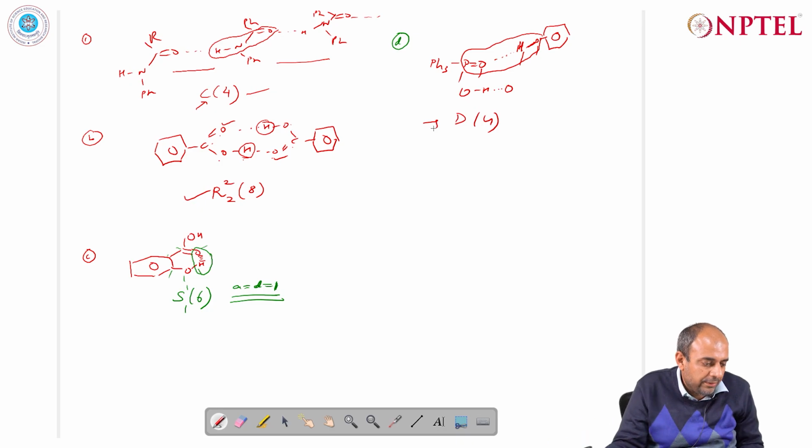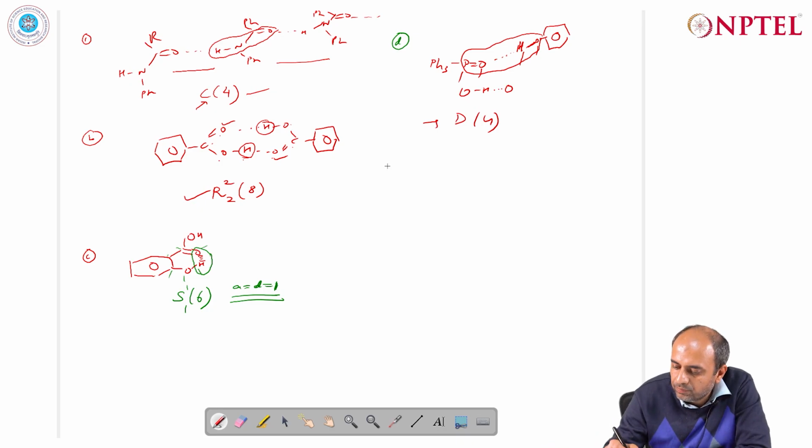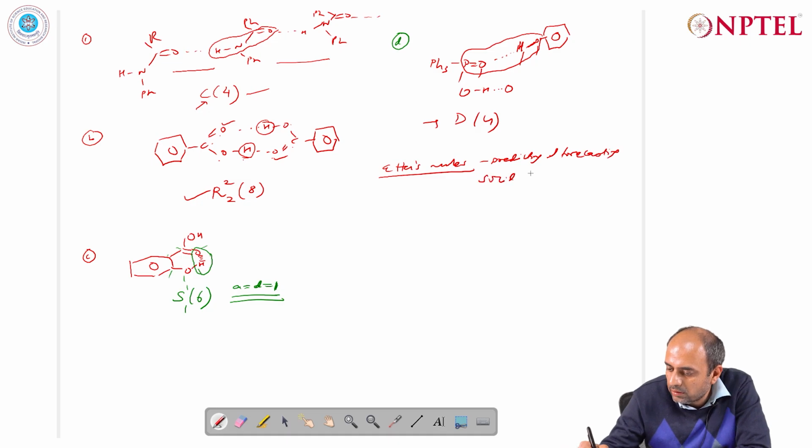And in this regard, Etter's rules have been proposed, which are used for predicting and forecasting solid state arrangements.